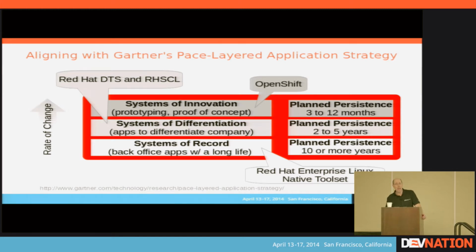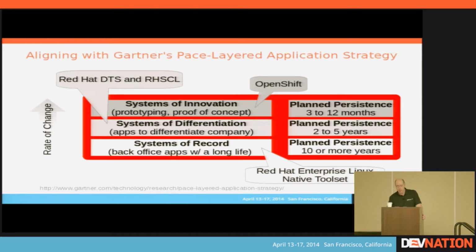They often have a 10-year or more life cycle. These applications, when you develop them, you want them to be stable, obviously, for a long time. You want to be able to support them for a long time. You don't want security issues as you get into the later years. You want a very stable, well-supported platform. So this lends itself well to the tools that are built into Red Hat Enterprise Linux.